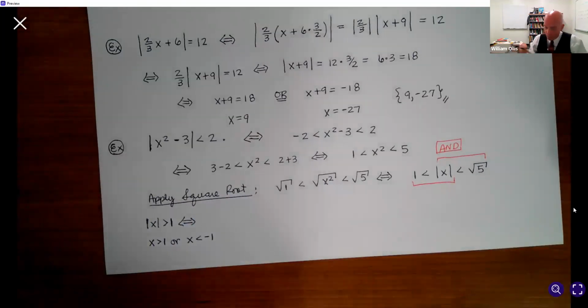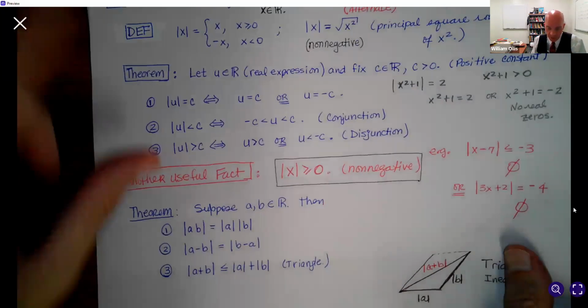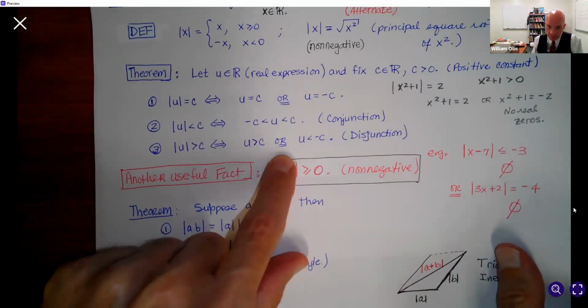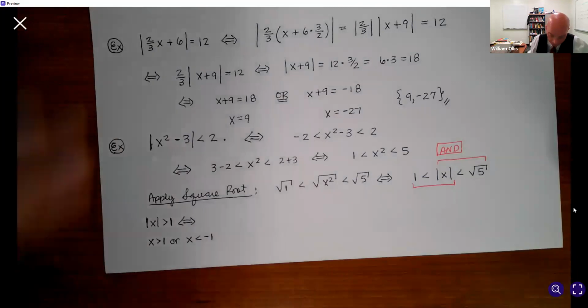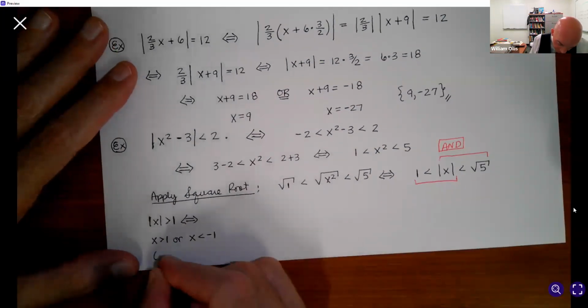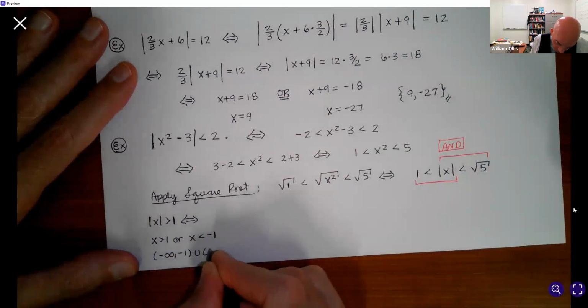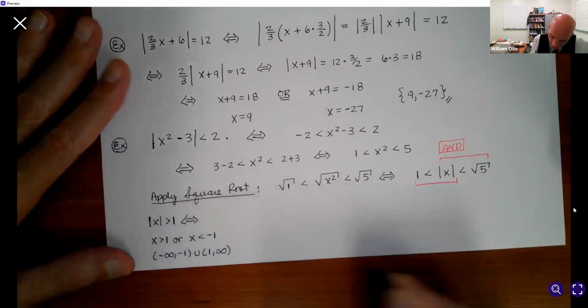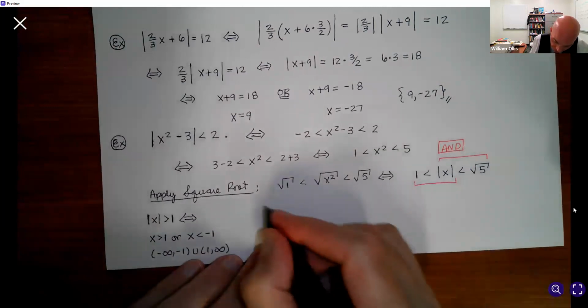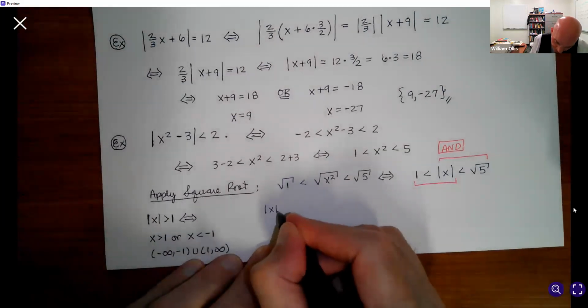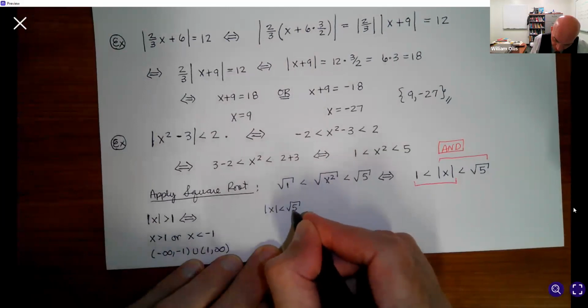Let me show you. That's this one. That's the disjunction that we have here. And so now, of course, this would be negative infinity to negative 1 union 1 to infinity. Now, the next one here is the absolute value of x is less than the square root of 5. That is the conjunction.